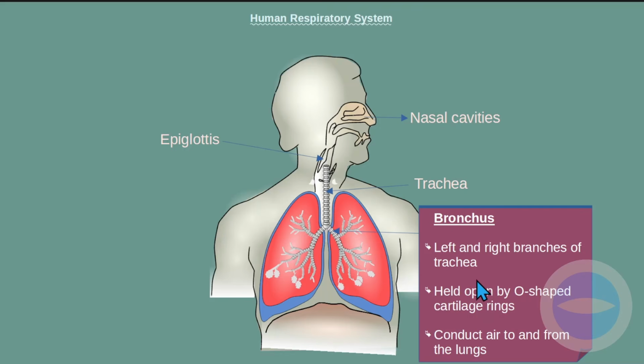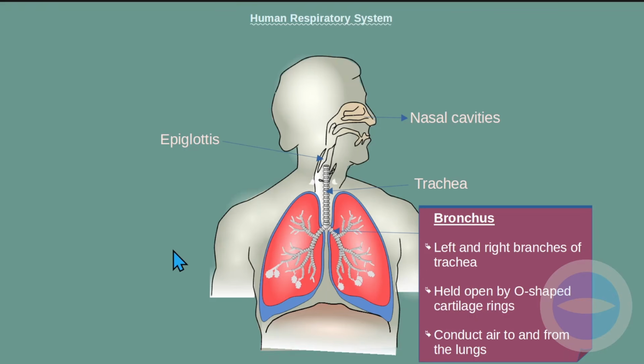So the bronchus is O-shaped while the trachea is C-shaped. This one is O-shaped and always open so that air can travel through. It conducts air to and from the lungs. So it takes air out of the lungs. It also takes air into the lungs. You can see where the bronchus is pointed. It is pointed at these two branches of the trachea.